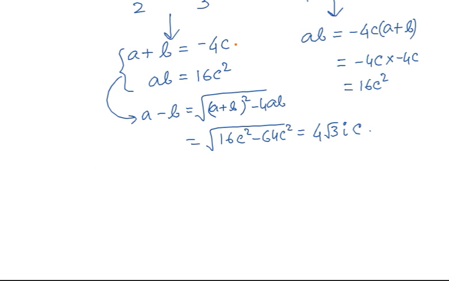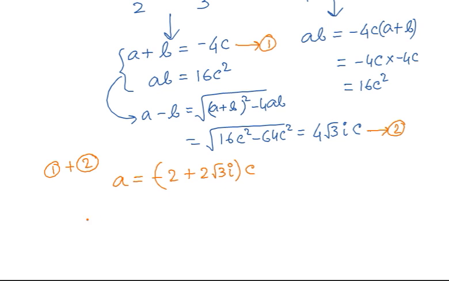So now this is one equation and this is another equation. From these two equations we can easily write down that a must be, adding the two equations, 1 plus 2 will give us the value of a in terms of c. So a is nothing but (minus 2 plus 2 root 3 iota) into c, and on subtracting the two equations, 1 minus 2 should give us b equal to minus 2 root 3 iota times c.